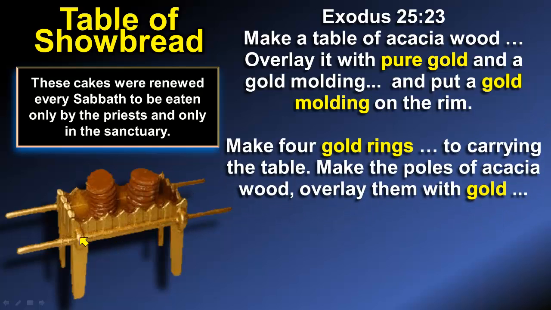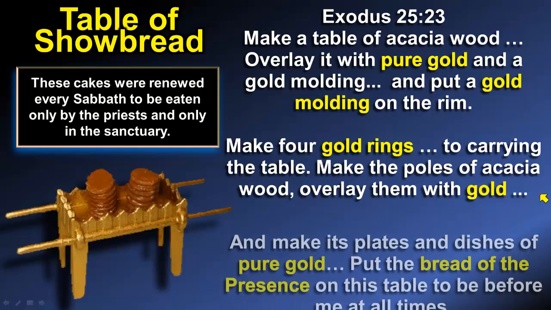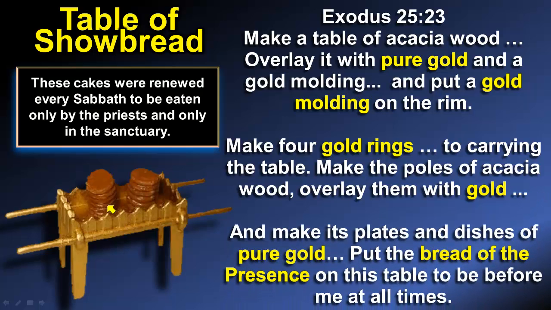You can see this little example here, the rings that the poles stuck through. That was used for carrying it in different places. And the bread and the plates were put on there, and the bread was there at all times before God. They were changed out every week. And the priests were allowed to eat the bread from the past week.